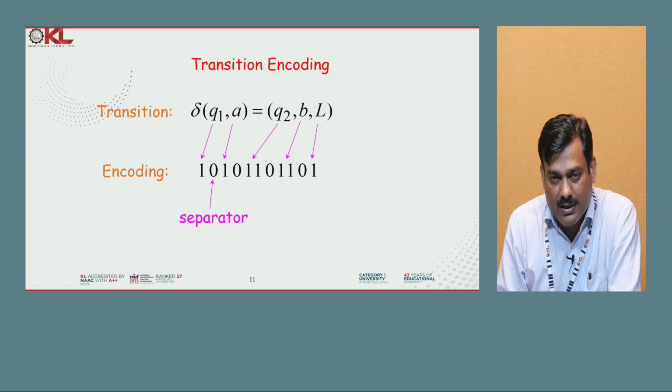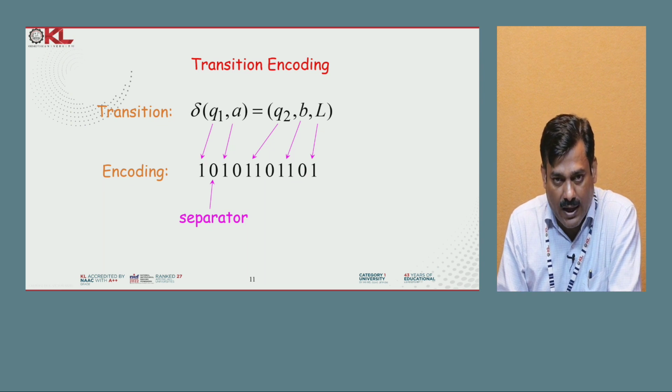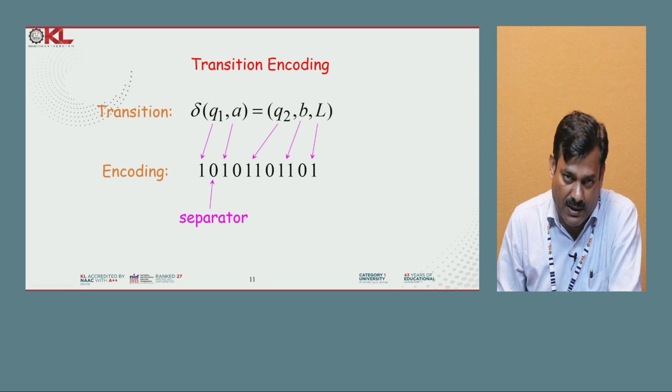So if any transition function is given, we can encode the complete transition function as a string of 0 and 1. Here 1 is the encoding and 0 we use as a separator.